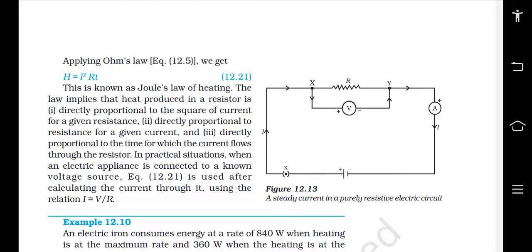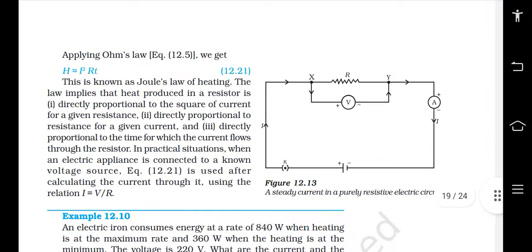That heat is directly proportional to the square of the current passing through it. The second point is that heat is directly proportional to the resistance of the conductor through which the current flows. And the third point, heat is directly proportional to the time for which the current flows through the resistor. So three points are there.